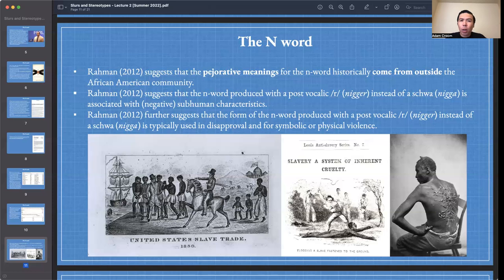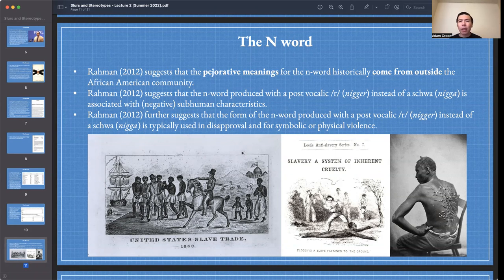Okay, so Rahman suggests that the N-word produced with an R is associated with negative subhuman characteristics. Rahman further suggests that this form of the N-word with the R is typically used in disapproval and for symbolic or physical violence.